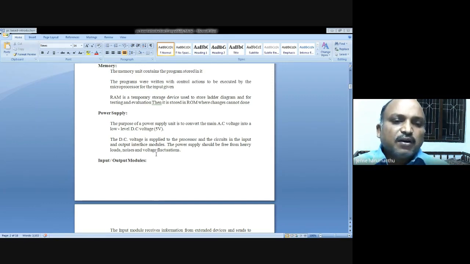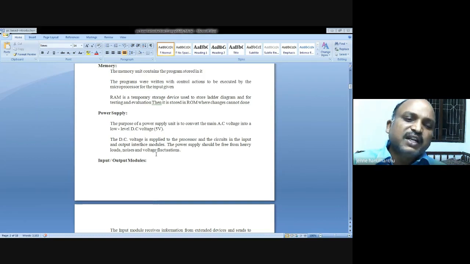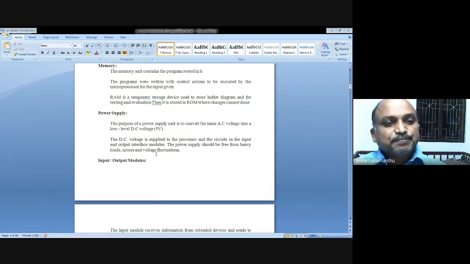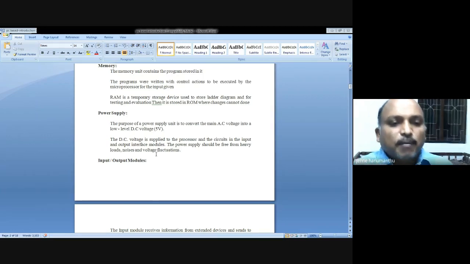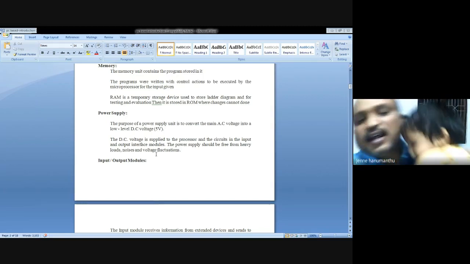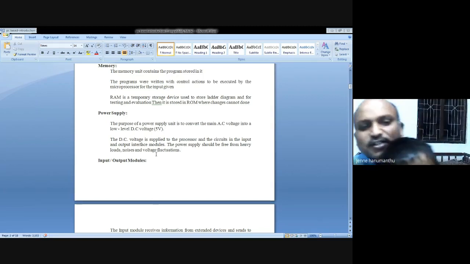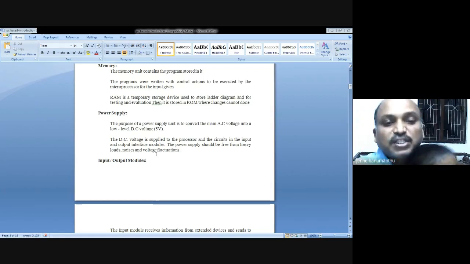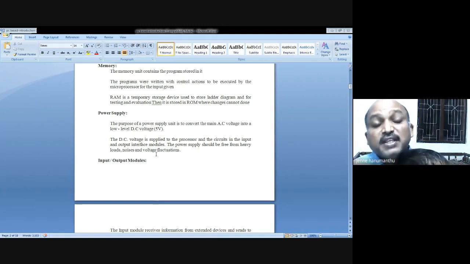If fluctuations, noises, or heavy loads occur, what happens? That is what is called a loading problem. Because of the loading problem, the function cannot be done correctly, right? So we have to think about the power supply also. Power supply is very much important in the PLCs.